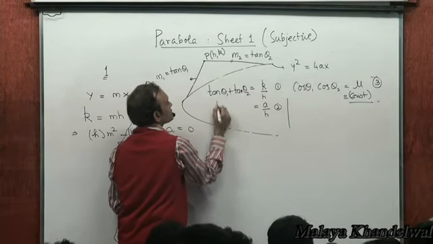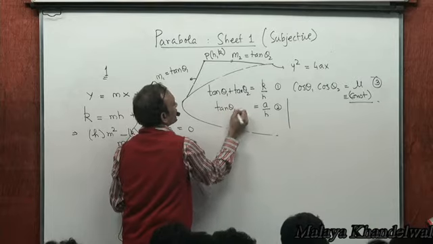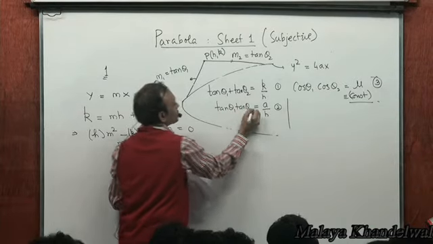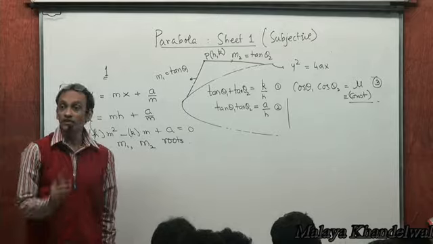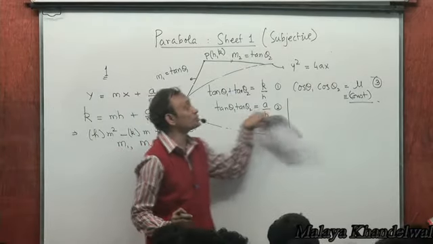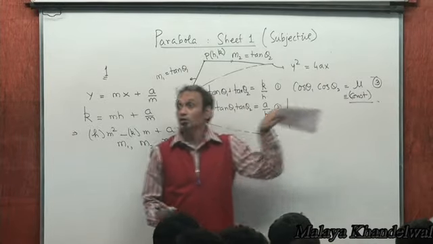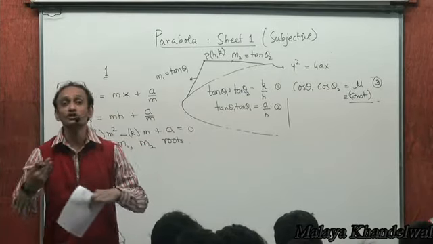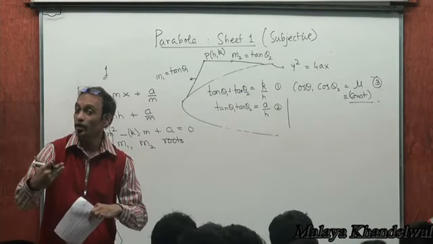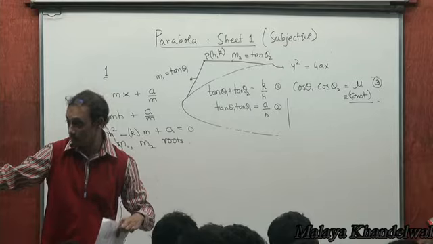This m1 m2 is tan theta 1 into tan theta 2. Now we have these three things, this condition and this requirement. Together we will have to stitch a connection between h and k and eliminate theta 1 and theta 2.